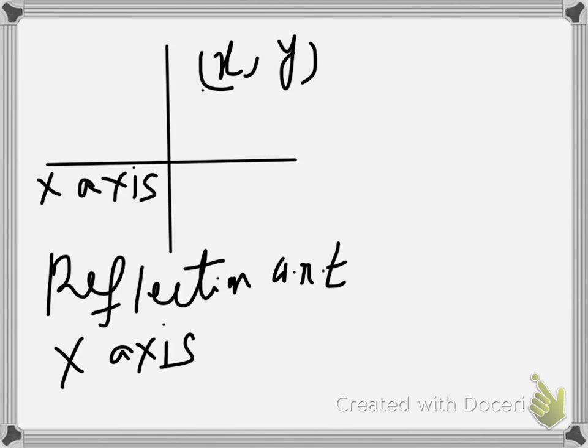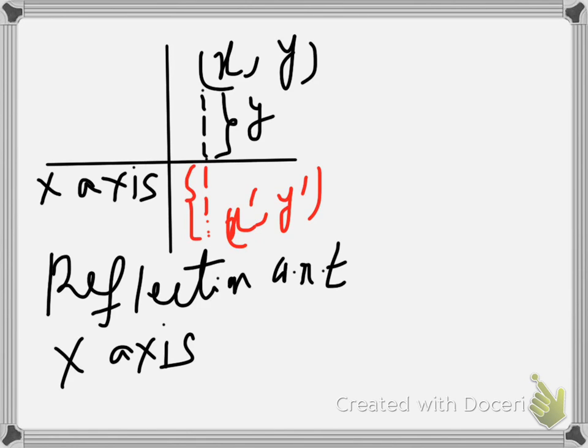So what you do, you calculate the vertical distance from point xy to x-axis, which is basically y, and so the reflected point you will get at a distance equal to y but below x-axis somewhere here, x dash y dash, and this distance is basically minus y in negative y direction.